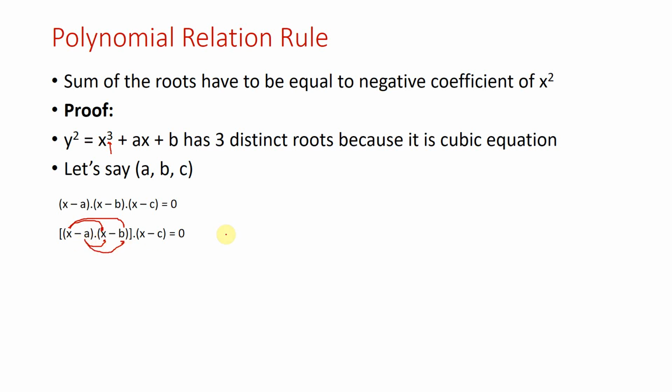Also, this becomes x squared minus bx minus ax minus a times b times x minus c is equal to 0. Let's multiply these two parentheses now, and this is the final form of this equation.